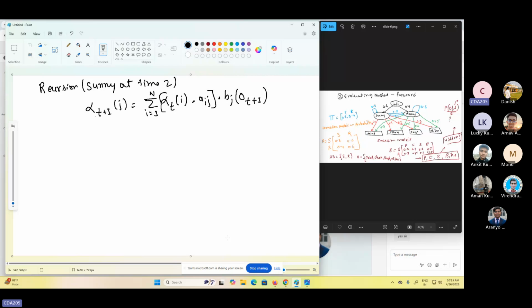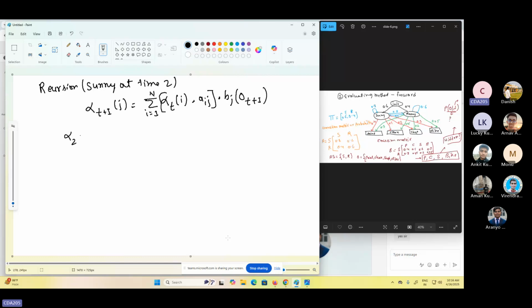Means whenever we want the alpha of the next state, we need the alpha of the previous state into the transition matrix from i to j, with the emission matrix of j and the observed state of the next.